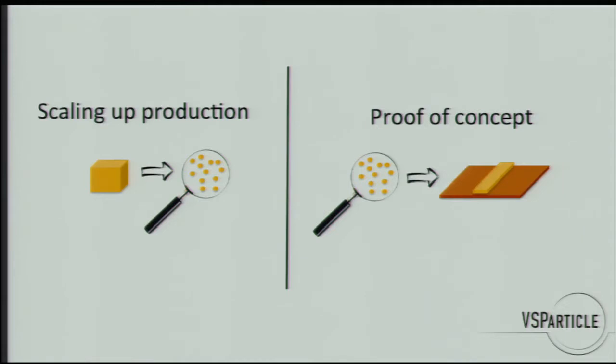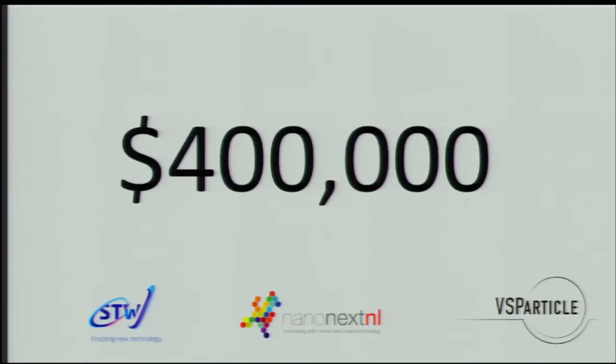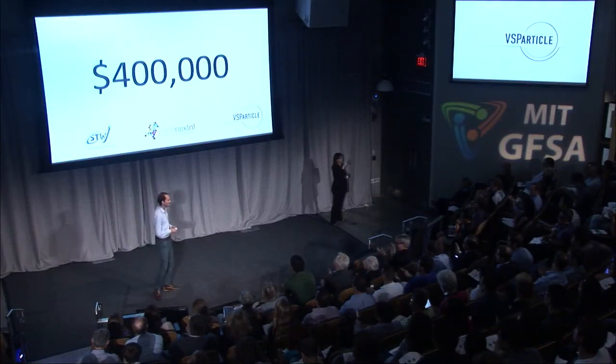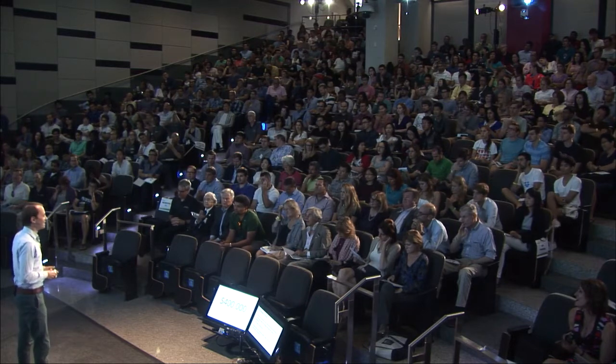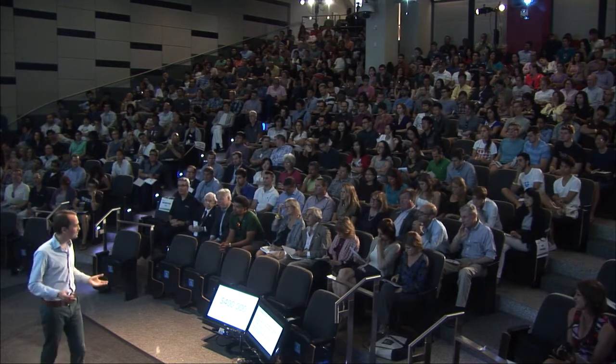But that's not all. Based on our technology and on our team, we have been awarded more than $400,000 of equity-free grants from the Dutch government. This enables us to expand the team and build our first prototype, which combines the production of nanoparticles and the writing of metal lines in one machine.